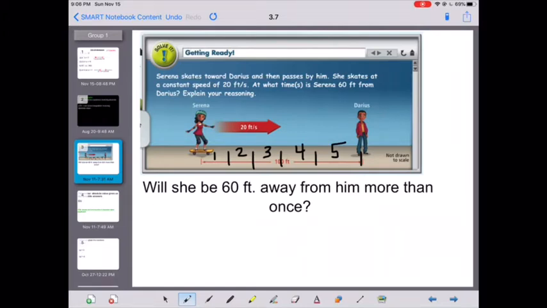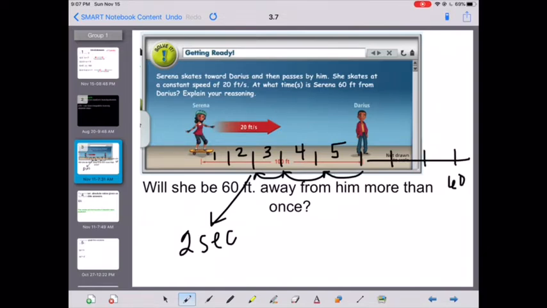There she is. So here's 1 second, 2 seconds, 3 seconds, 4 seconds, 5 seconds. That means that here she's 20 feet away, 40 feet, 60 feet away. So after 2 seconds, she'll be 60 feet away before she gets to him.